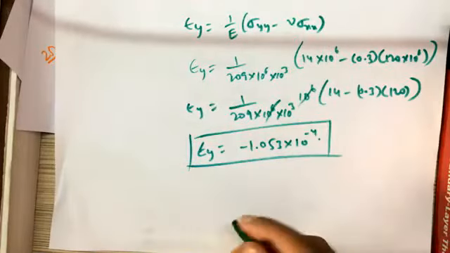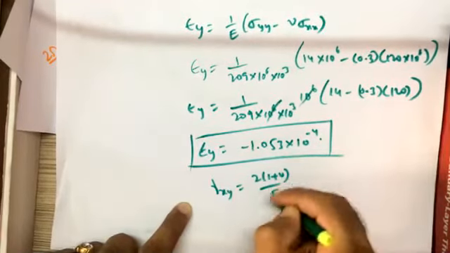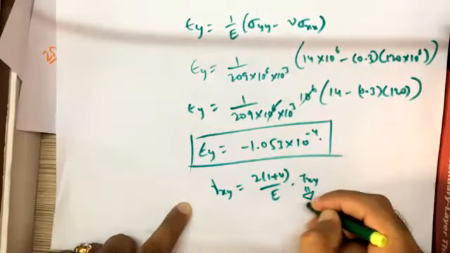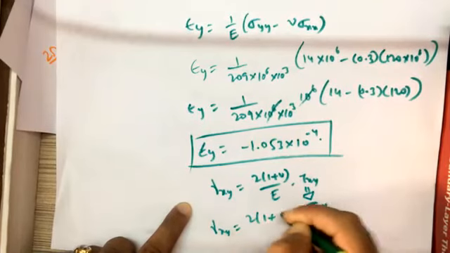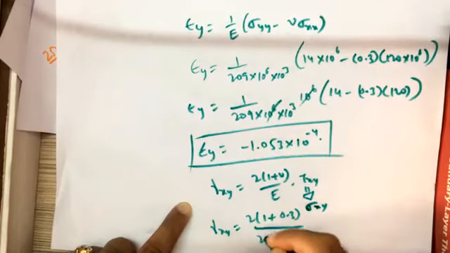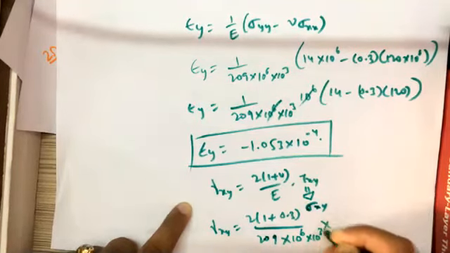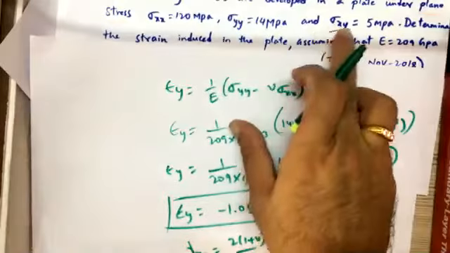Similarly, you can find gamma xy. Gamma xy is 2 into 1 plus nu by E into tau xy, or in this problem, since we are given sigma xy, gamma xy is equal to 2 into 1 plus nu, which is 0.3, divided by 209 into 10 to the power of 6 into 10 cube, into tau xy, given in the problem as 5 megapascal.